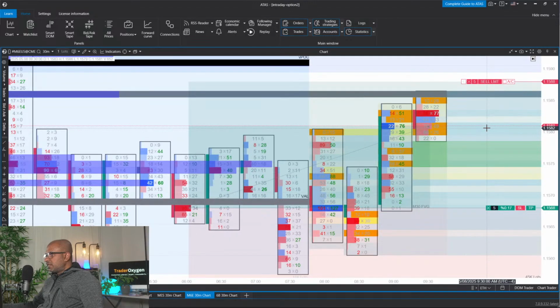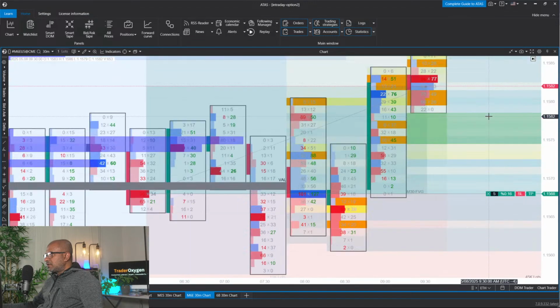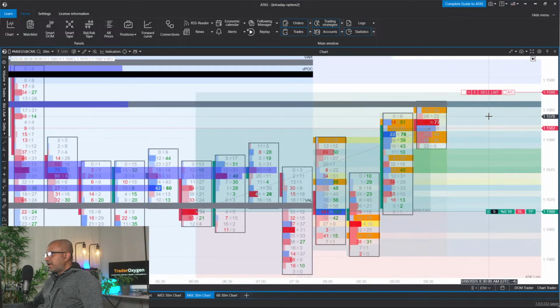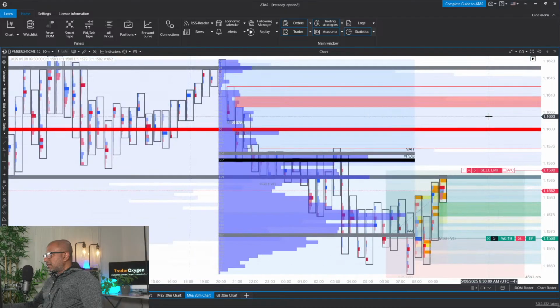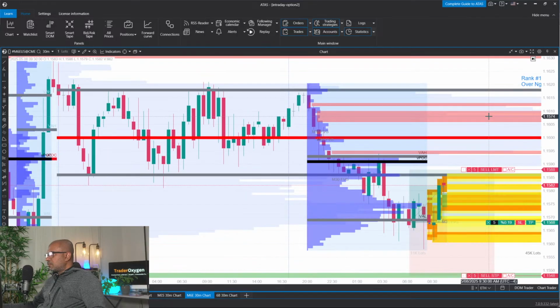These are the contracts which have been traded aggressively, the real traded values at these price points. The current 30-minute candle at the moment is in indecision, meaning there are wicks from top and bottom.